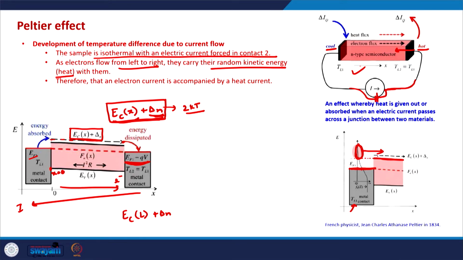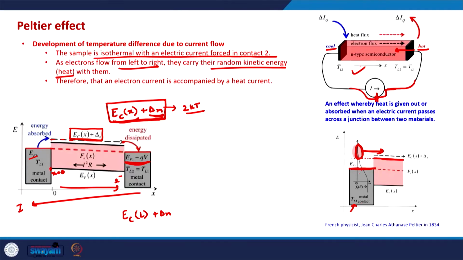What it means is that the Fermi function on the metal, after these electrons have jumped into the semiconductor, is disturbed from its equilibrium state.